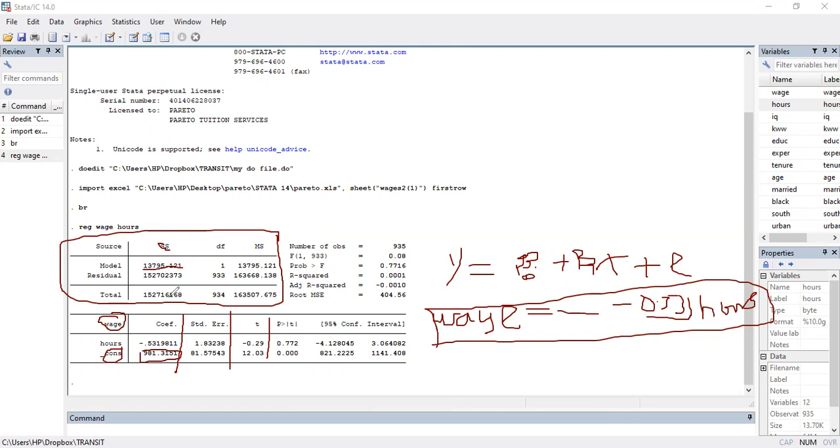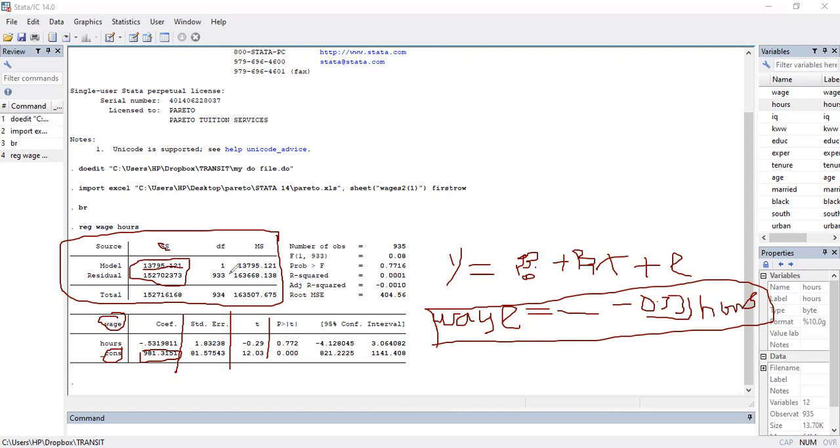And then the last one is the total sum of squares. When you add these two, you get the total sum of squares. So this is how you get your sum of squares for any regression model. Any regression model, you see it there.